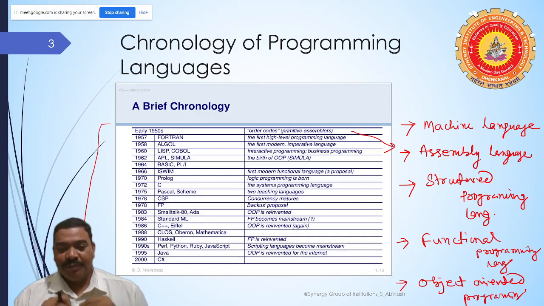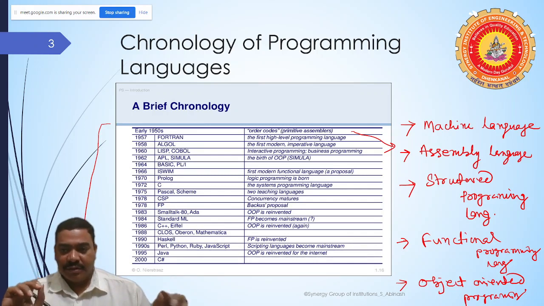And based on the domain, what domain you are going to work in, depending on the domain of the problem and the application, different programming languages were developed. In this paper, we will analyze how to select the best programming language for the best domain, what the differences are between different categories of programming language, and how to design a new programming language.